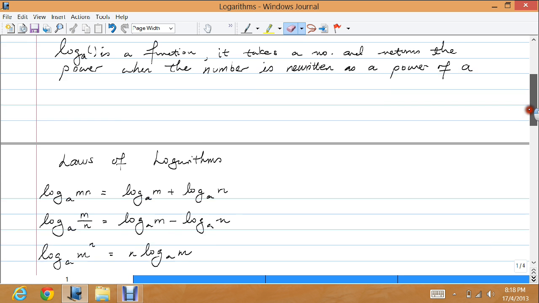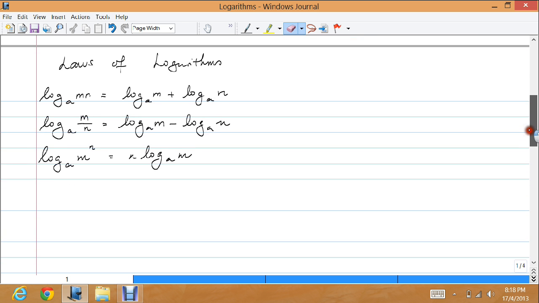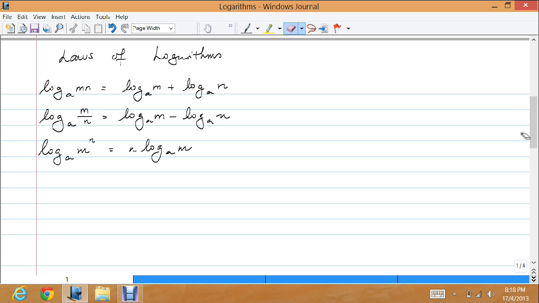Let's extend this idea further, because if you want to manipulate logarithms, we need to know 3 basic laws. The first law, we call it the addition law. When m and n are taken as a product, and you take log base a, we could write it as a sum of 2 logarithms.